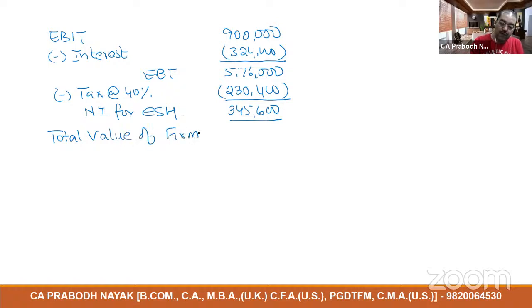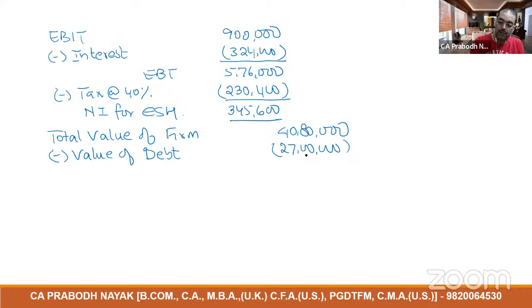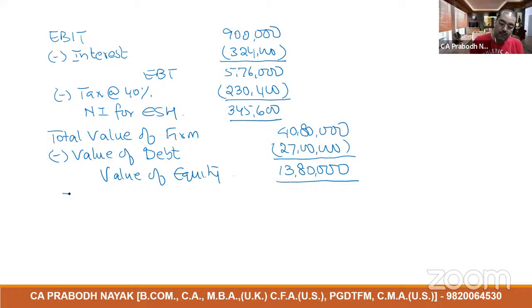Total value of firm, we have calculated that, 40 lakh 80,000, minus the value of debt, 27 lakhs. 13 lakh 80,000 is the value of equity. Equity capitalization rate is net income upon market value of equity.